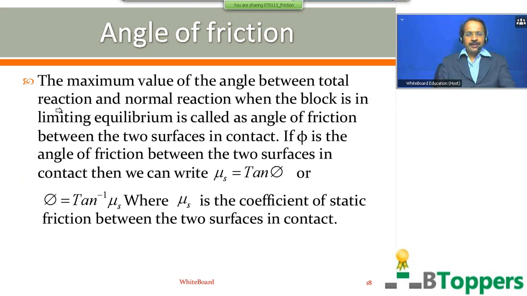So I have given the definition for angle of friction. The maximum value of the angle between the total reaction and the normal reaction, when the block is in limiting equilibrium, is called the angle of friction between the two surfaces in contact.